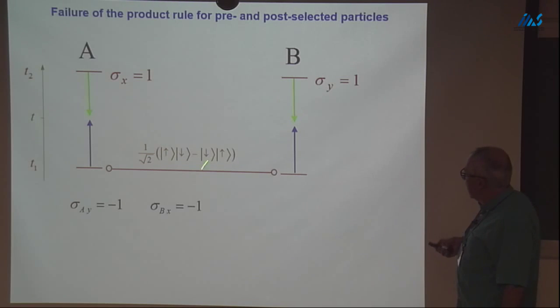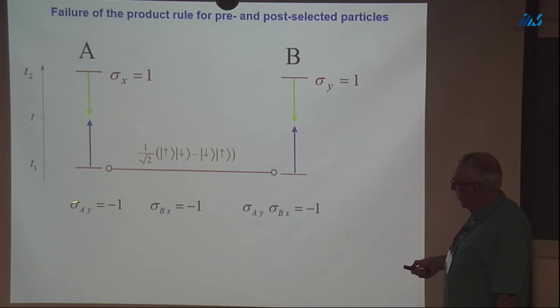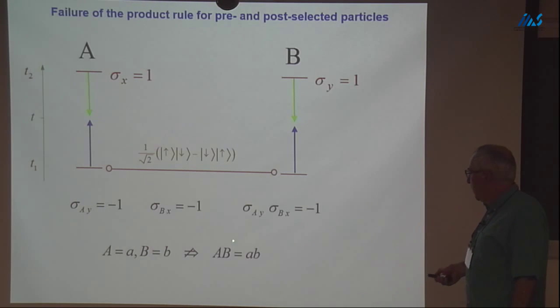If I measure x here instead, since it is up in x here, I get sigma BX minus 1. If I make a non-local measurement of the product, sigma AY times sigma BX, I will also get minus 1. A equals A, B equals B, but it's not true that AB equals AB.